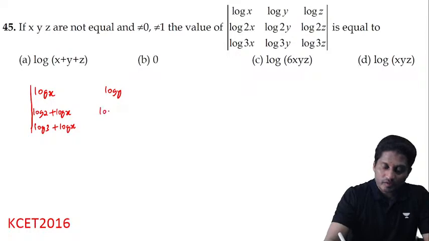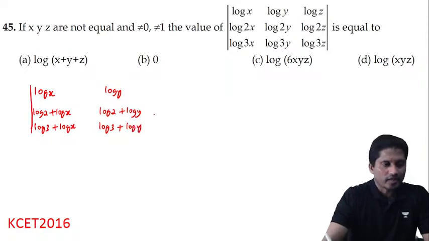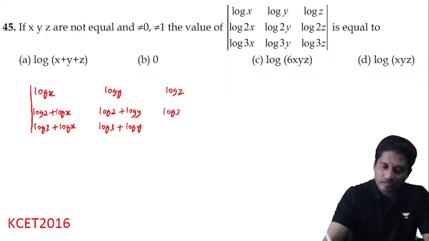The second column will be equal to log 2 plus log y, and this is log 3 plus log y, log 3 plus log y. Now this is log z. Then this is log 2 plus log z. Then this is log 3 plus log z.